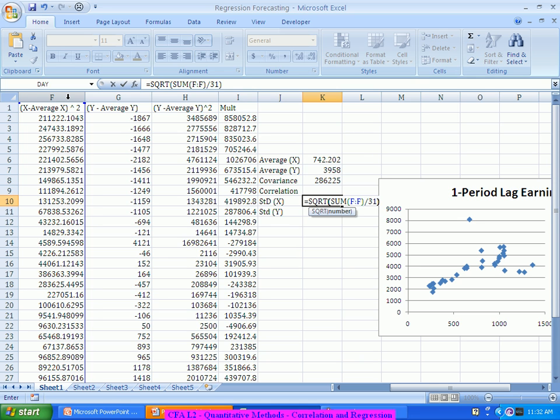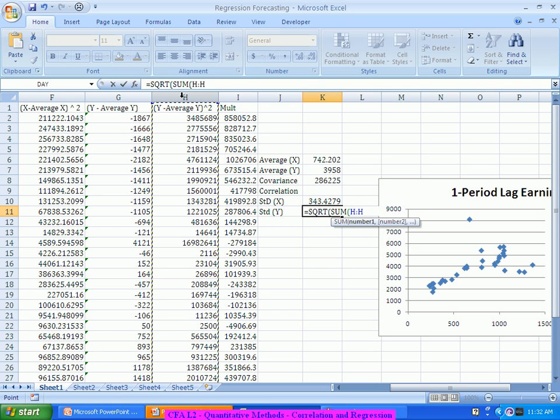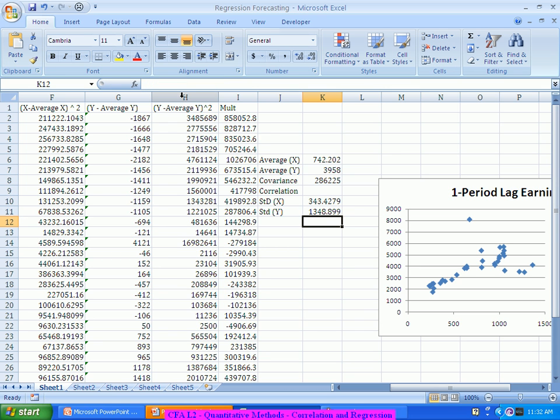So in this case the standard deviation of x is around 343 units, and similarly the standard deviation of y is coming out to this divided by 31. All right. So the standard deviation of y is coming out to 1348.